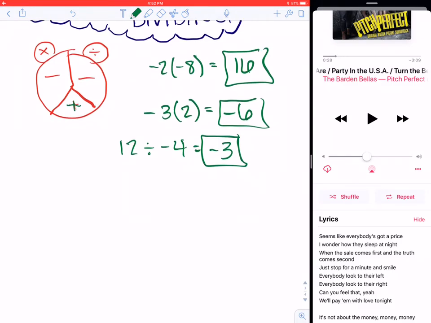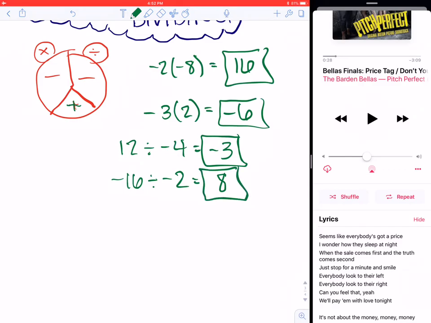If I have -16 divided by -2, I start by dividing. 16 divided by 2 is 8. Then I cover up my two negatives, and I'm left with a positive. So my answer is +8.